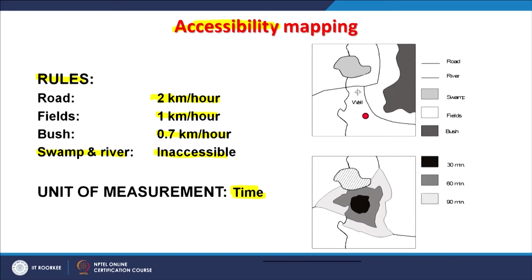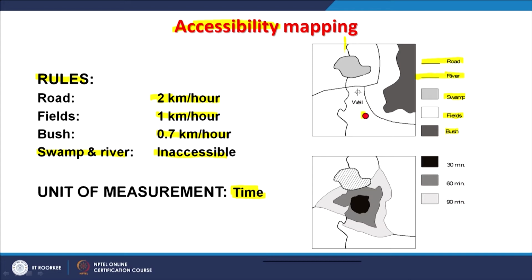Now, let us take an example. Here there is a groundwater well, and we have a land use map where we have the swamp, and we have fields, because in fields the travel time is 1 km per hour. Then we have information about the swamp, and we said these are inaccessible, so nobody will travel through. We then have a river network, a stream network and a road network.